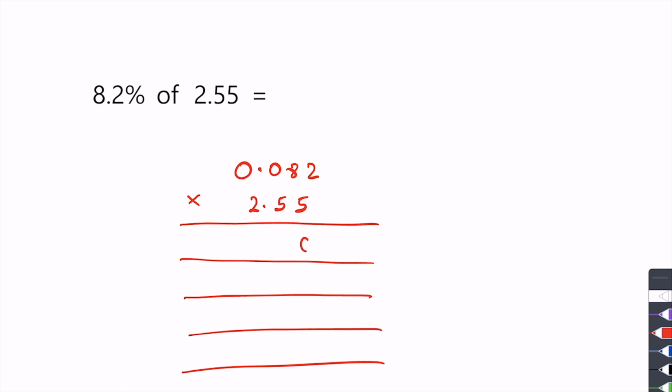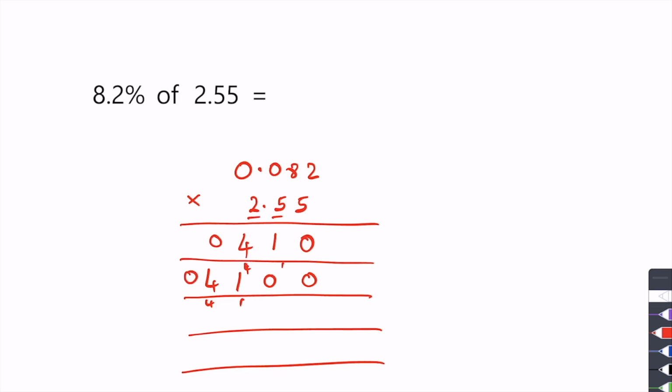So 5 2s are 10, carry the 1, 5 8s are 40, add the 1, gives me 41, so carry my 4, 5 zeros are 0, add my carryover, 5 zeros are 0. New number, new line, add a 0, 5 times 2 is 10 again, 5 times 8 is 40, add the 1 is 41, 5 times 0 is 0, add my 4, and 5 times 0 is 0.